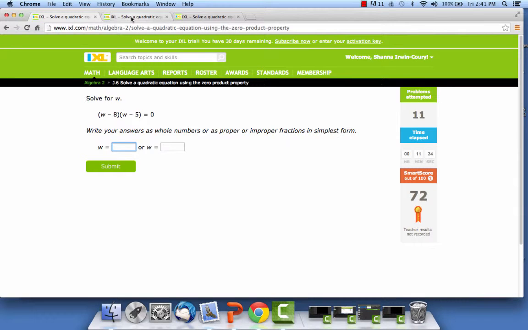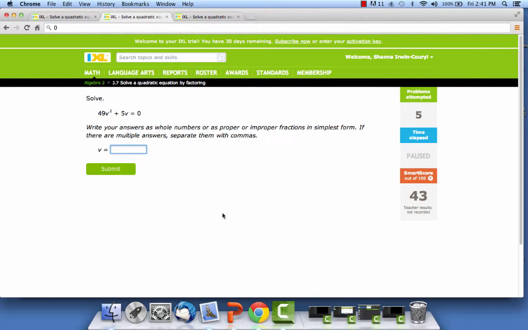Okay, so now let's go over here where we have to actually factor it ourselves. So we have 49v squared plus 5v equals 0. I guess I can try to memorize it, but I'm going to see how it goes for me to try to solve it inside the box here. So we have factoring out a v, because that's the only thing they have in common.